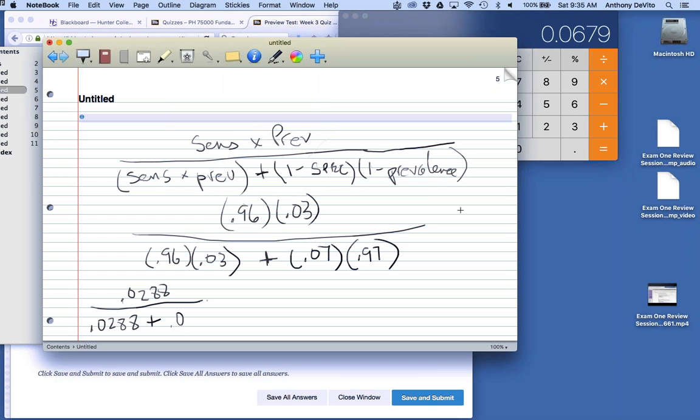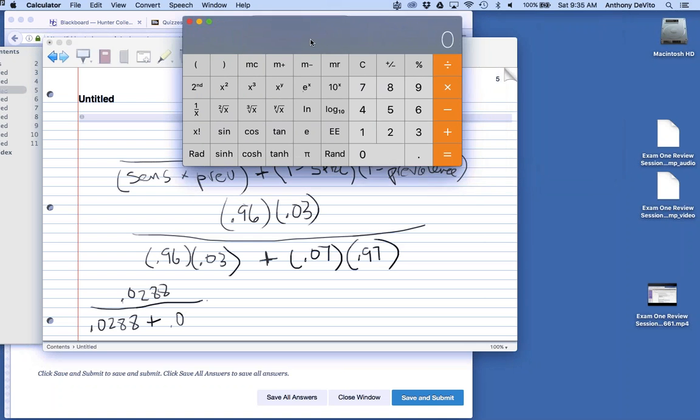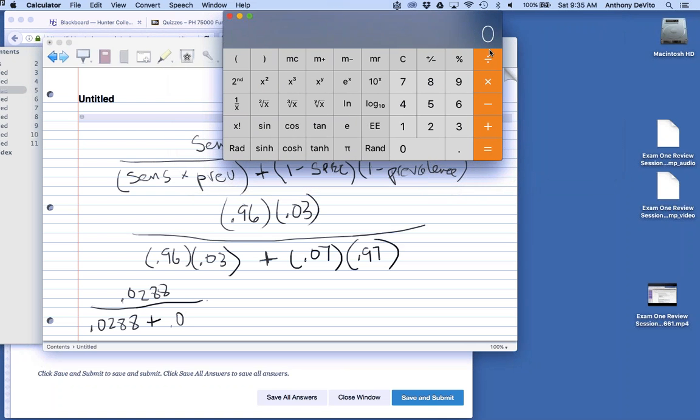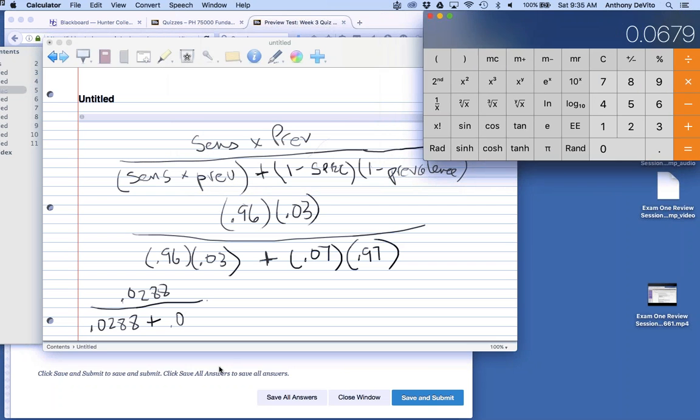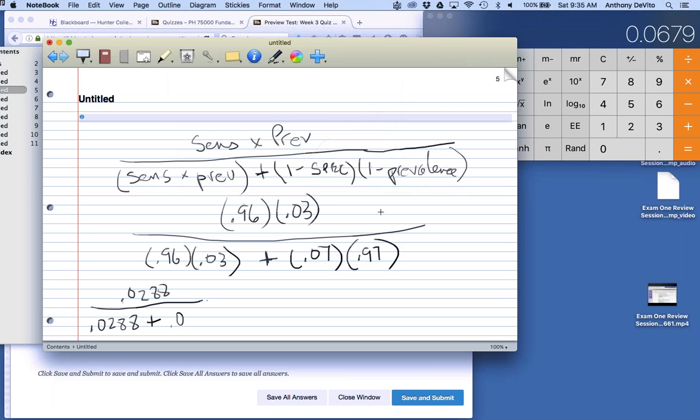What was that again? I forgot that already. I cleared it out, I guess. Okay, let me try this again. 0.07 times 0.97 is 0.0679.